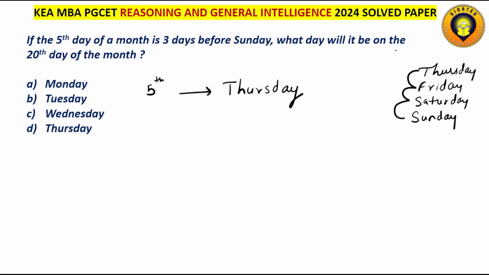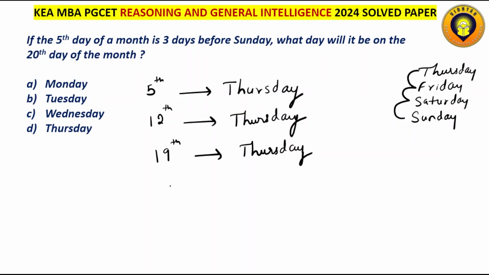What day will it be on the 20th day of the month? So the 5th day is Thursday, then after 7 days, again it will be Thursday. 7 plus 5, the 12th day of the month will be Thursday. Then again after 1 week, 12 plus 7, the 19th day of the month will also be Thursday.